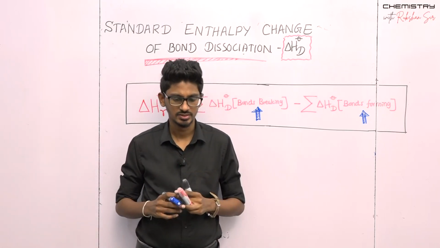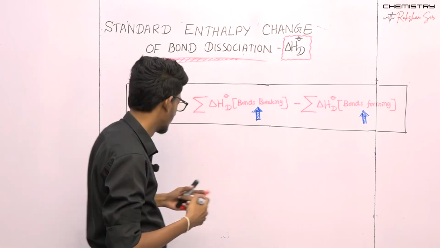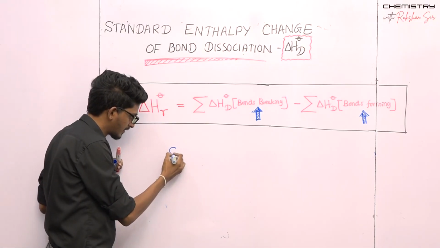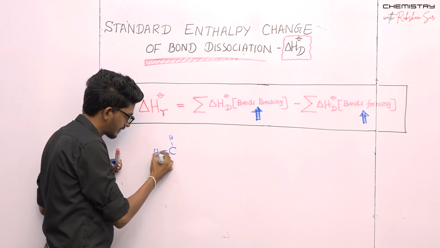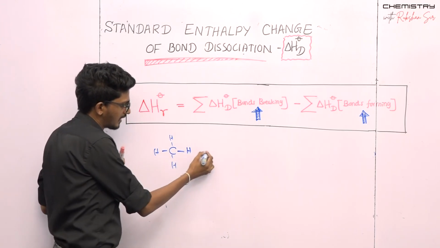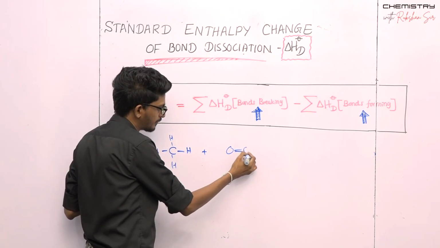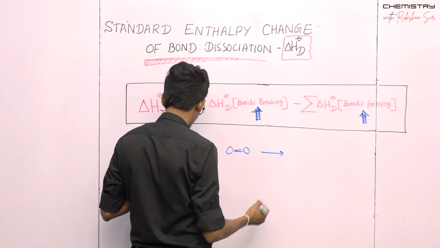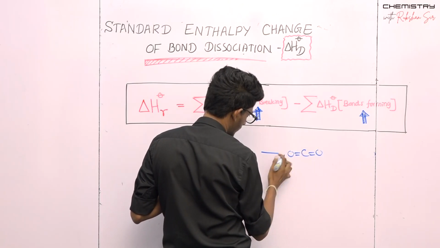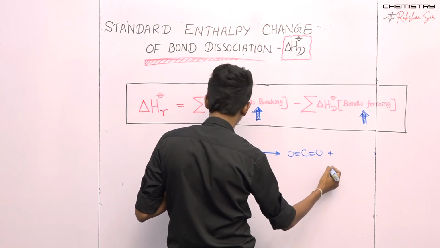We'll assume like that. Let's say you have CH4 reacting with O2 to come up with CO2 and some H2O.